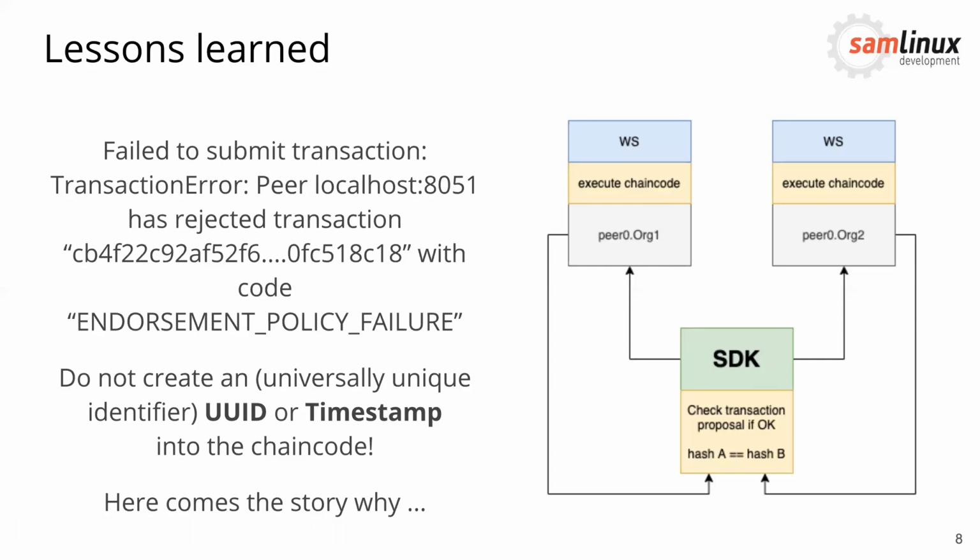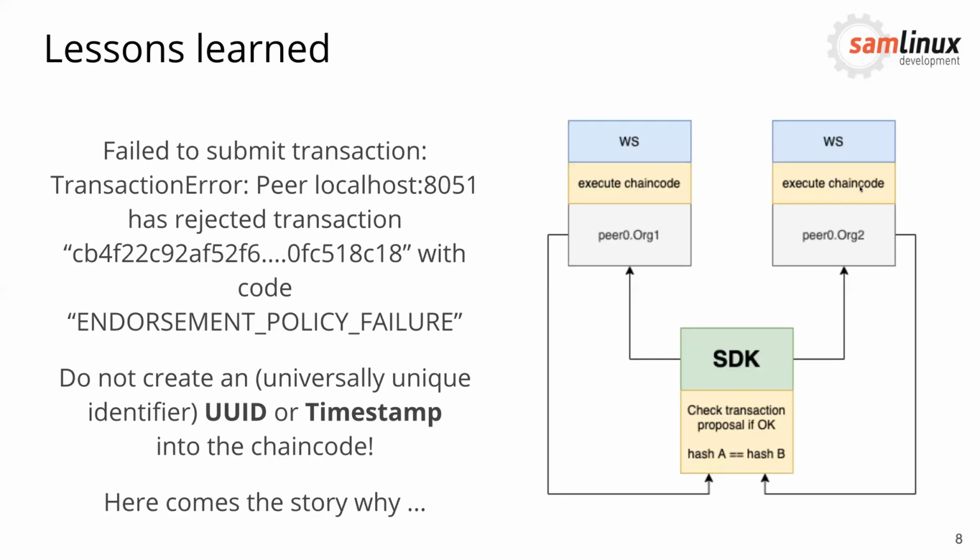So the name is the key, and that's a unique ID, and it delivers back a hashed value. And the same happened on peer0 org2.